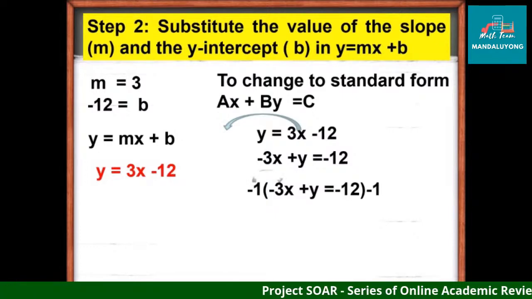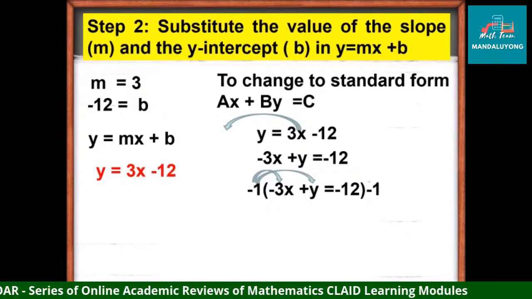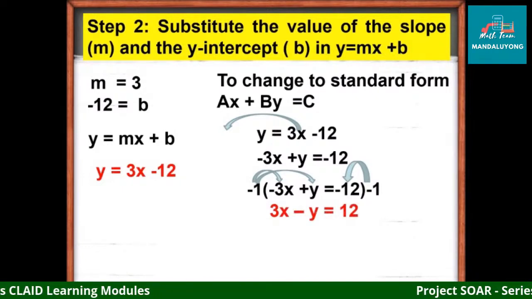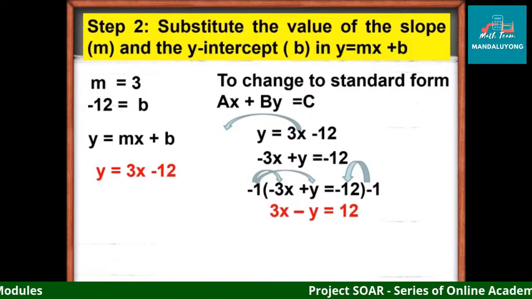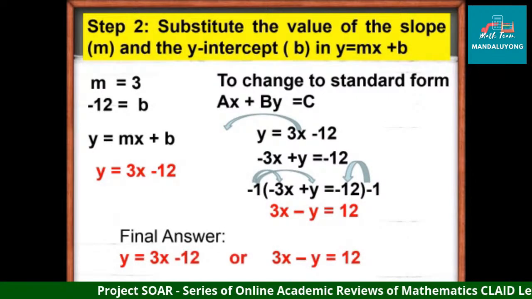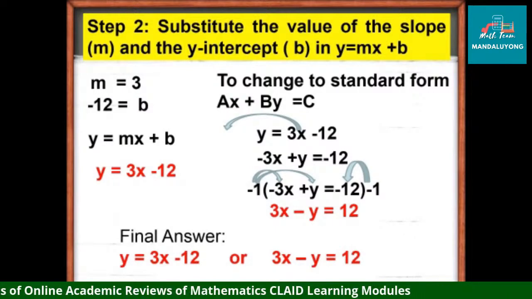So negative 1 times negative 3x, negative 1 times positive y, and negative 1 times negative 12. The result is 3x minus y equals 12. So our final answer could be y equals 3x minus 12 or 3x minus y equals 12.